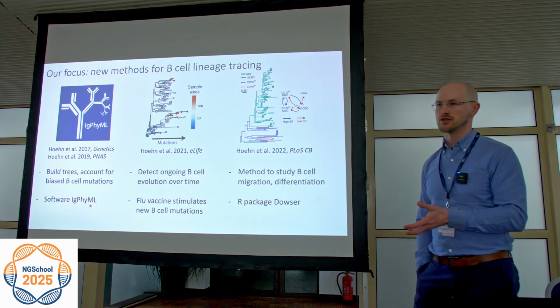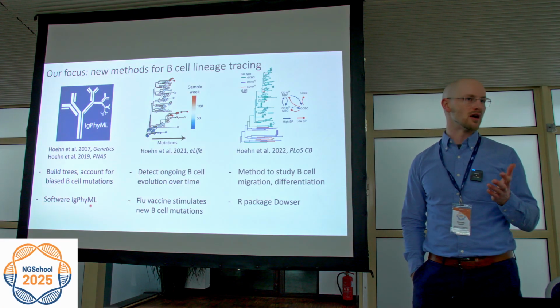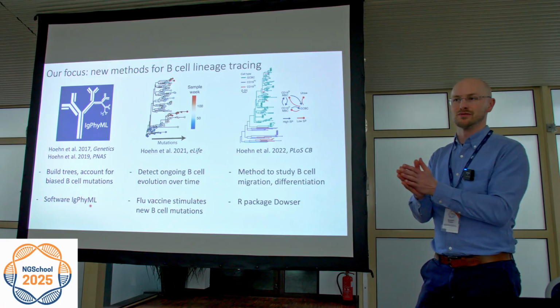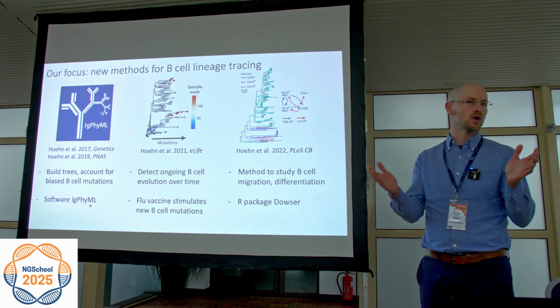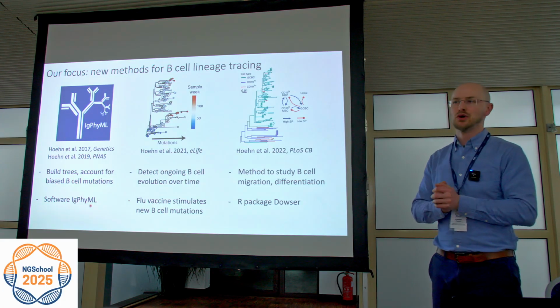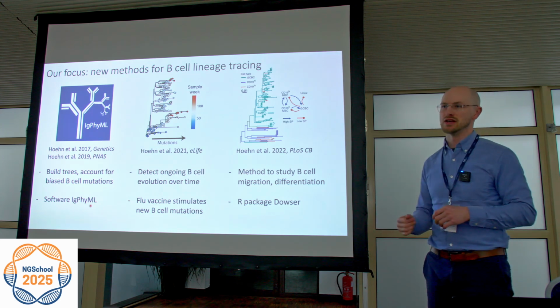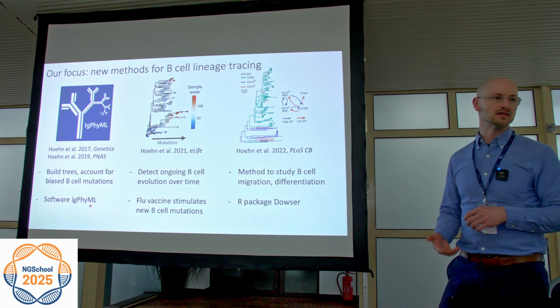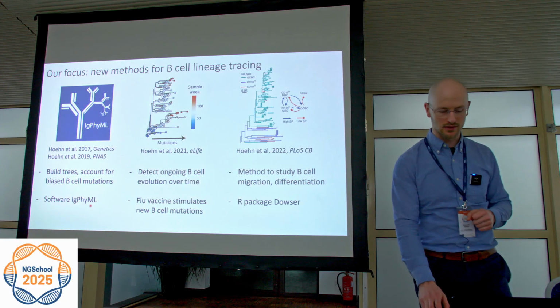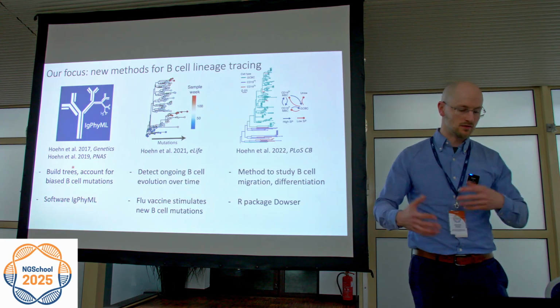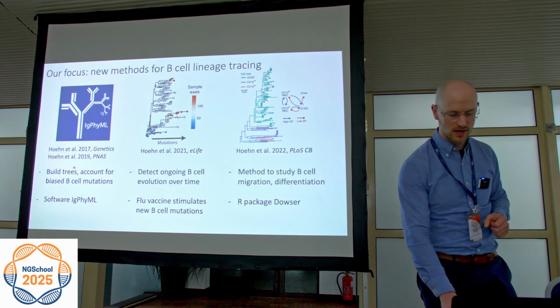So if we think about phylogenetic methods, those have been around for 100 years or so and were designed to study things like squirrels evolving over millions of years, right? That's very different from the types of mutations that you see in cells that are enzymatically mutating over several weeks. So we developed lineage tree-based methods for that.